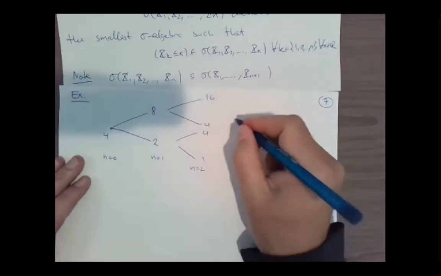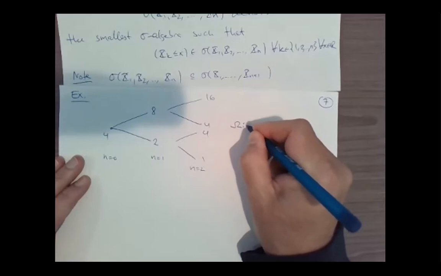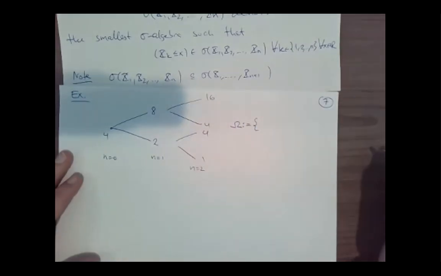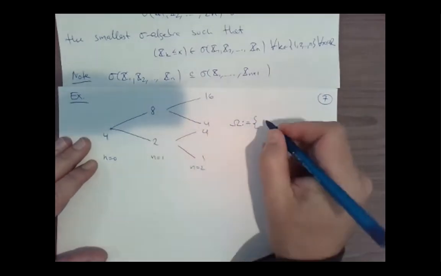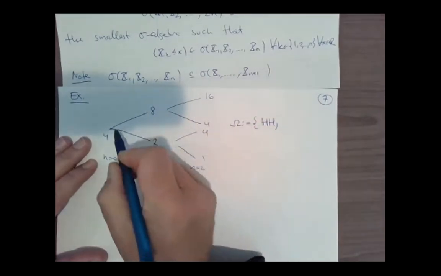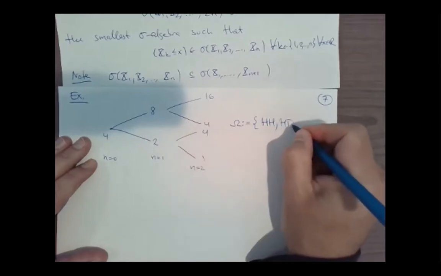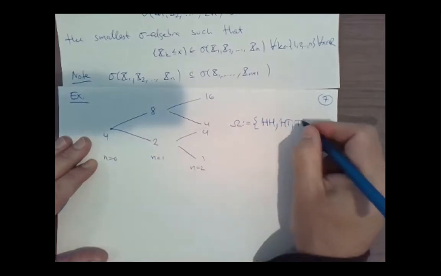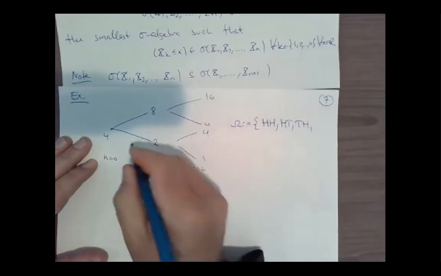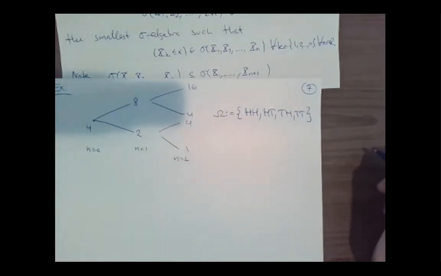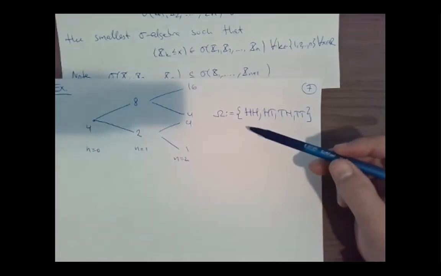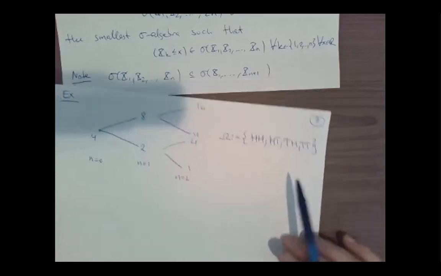So here our omega is going to be the 4 paths. It'll be heads-heads, heads-tails, tails-heads, and tails-tails. That's my omega. And my probability measure P is not even needed here.